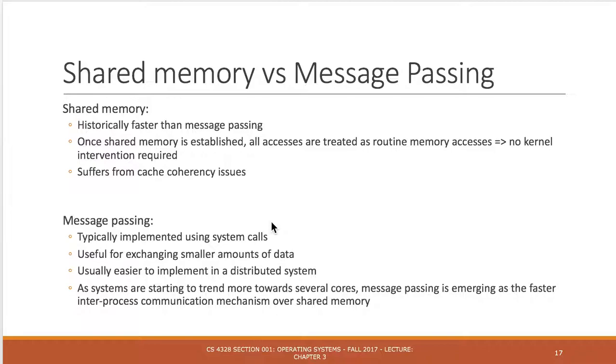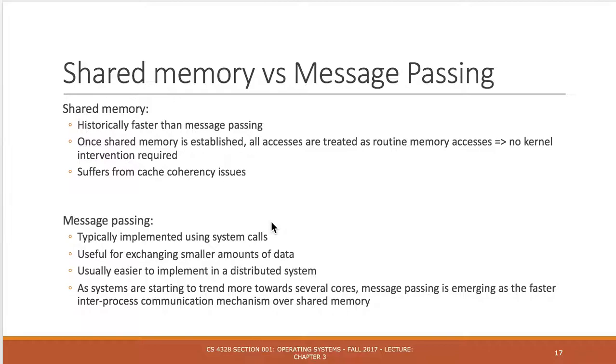We will be discussing this a lot more in Chapter 5, but for now, we should take away that when we have a shared memory scenario with a large number of processors and cores with associated caches, the data in those caches needs to be coherent or synchronized, and that requires a fair amount of effort. So that is the disadvantage of shared memory as an inter-process communication mechanism.